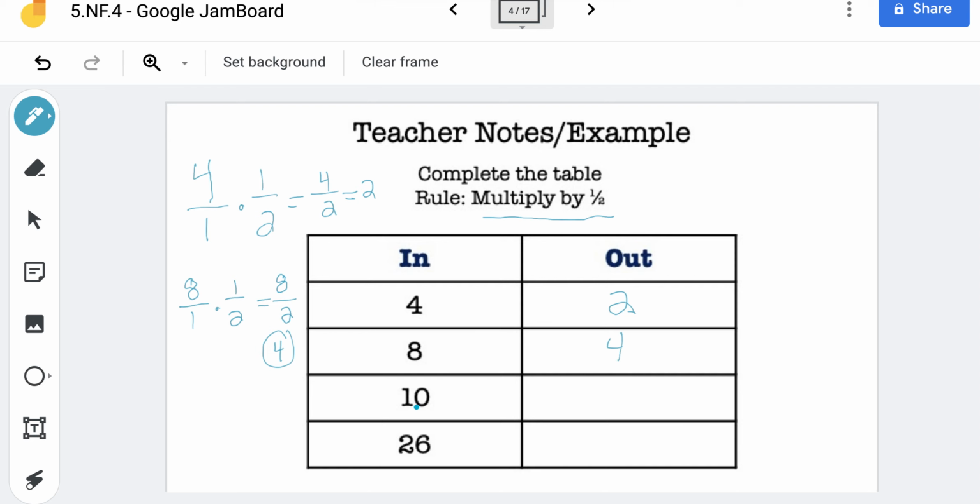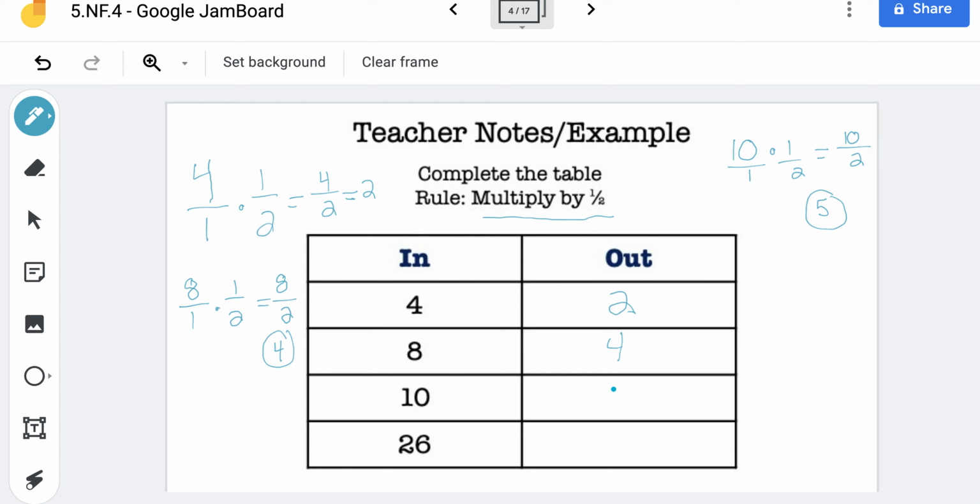Our next input number is 10. So we're going to multiply 10 times 1/2. And again, I'm going to write 10 as 10/1. When I multiply the numerators, 10 times 1 is 10, and when I multiply the denominators, 1 times 2 is 2. And 10 divided by 2 gives me 5.